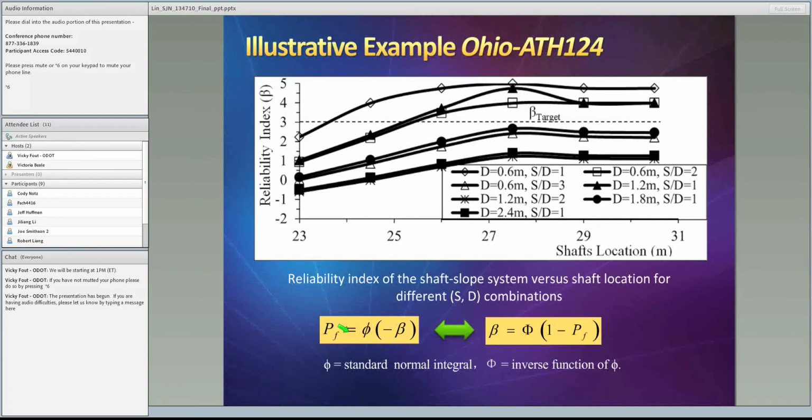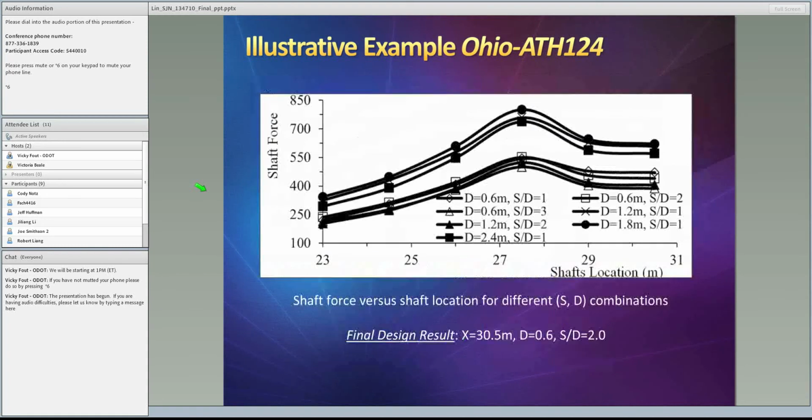Next one is how we calculate the shaft force. It follows this trend, going up and going down. And for the design result, how do we perform the final design? First, we have to choose the target reliability index, which the design result should satisfy.